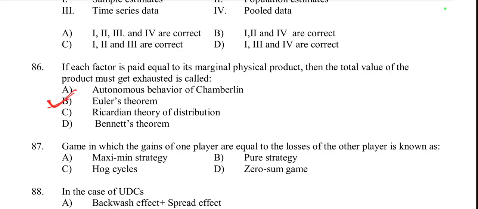Option B, because Euler's theorem states that if each factor of production is paid according to its marginal product in a production function that exhibits constant returns to scale, the total value of the product will be exactly exhausted by the payments to the factors of production. This principle supports the idea that total output is fully distributed among the contributing factors like labor and capital when they are paid according to their marginal productivity. So option B is right here.